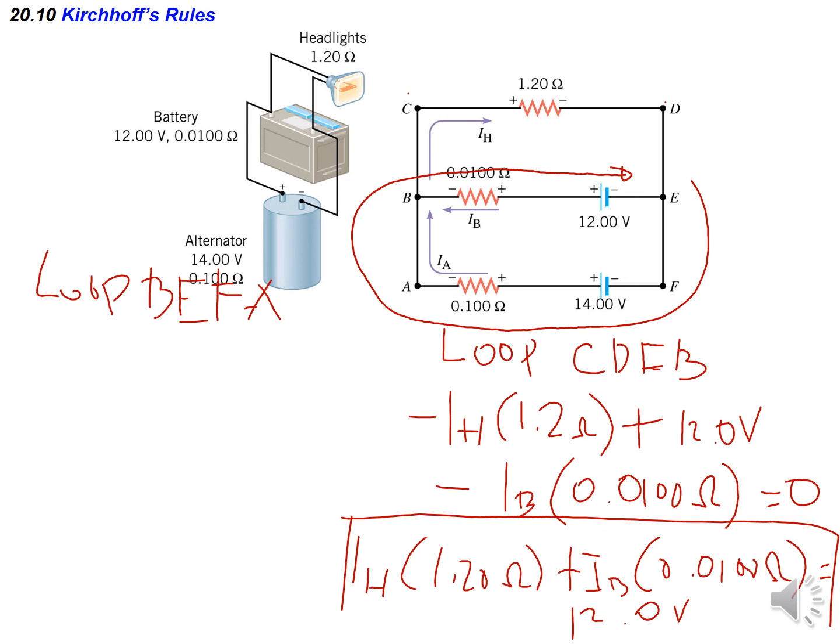I will be starting here at B to E. As you can see, IB is opposite to the direction of the travel. Since they have opposite directions, the sign is positive. So this is positive IB multiplied by 0.01 ohms. That's the resistance here, and that's positive.